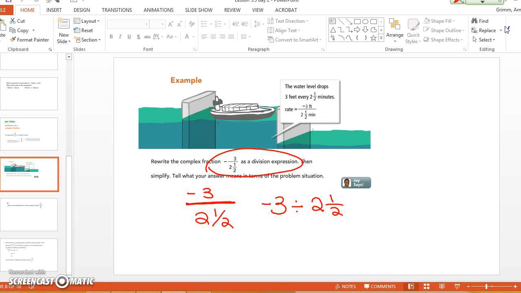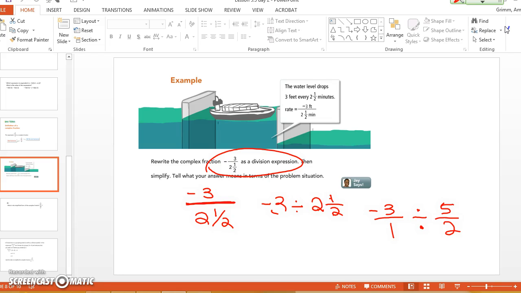What do we have to do so we can divide those? Go ahead, Kendall. Very good. And then change it to an improper fraction, good. So 2 times 2 is 4 plus 1 is 5. So I'm going to change this to negative 3 over 1 divided by 5 over 2.